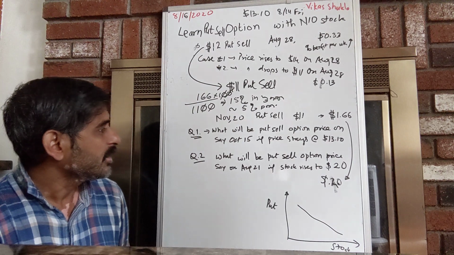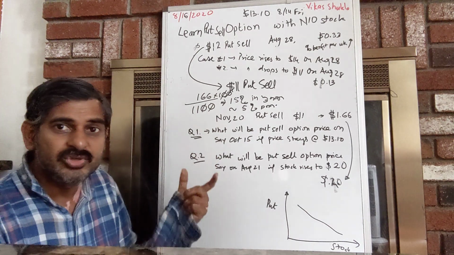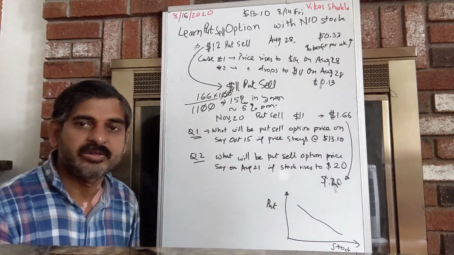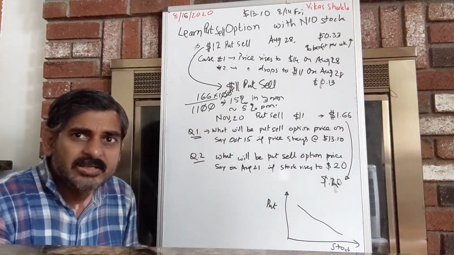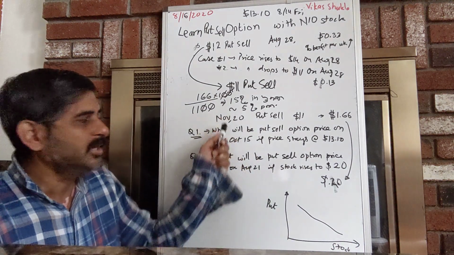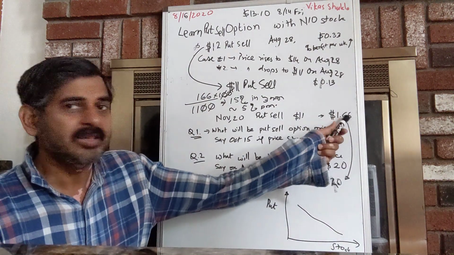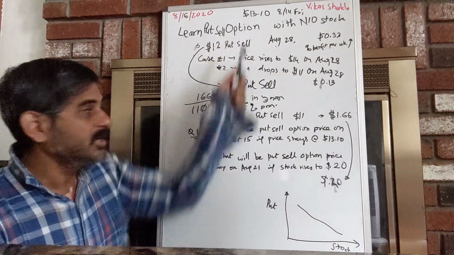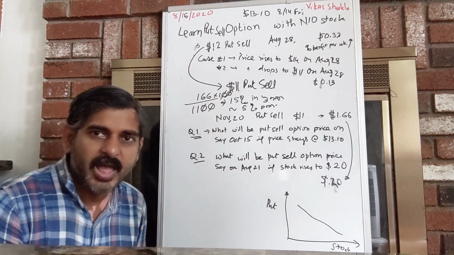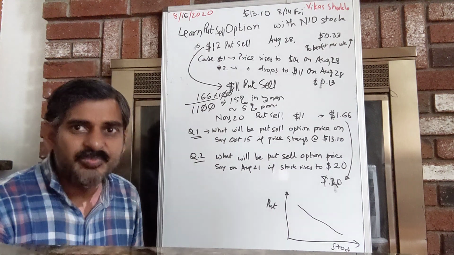Right now, the insurance is for a big time, 3 months, $1.66, more than 3 months of time. Now the time has reduced to barely between October 15 and November 20, only a month is left. So why would someone pay that much premium? It's already $13.10. The chances that something catastrophic will happen in that smaller period of time have reduced. So he will be willing to pay less premium.